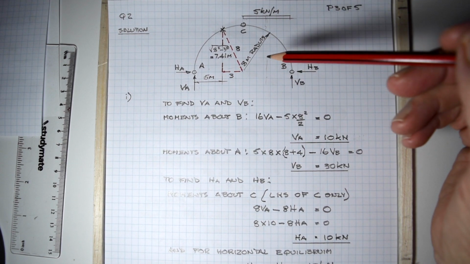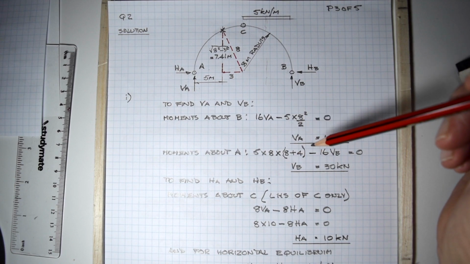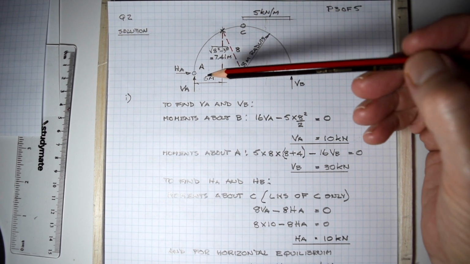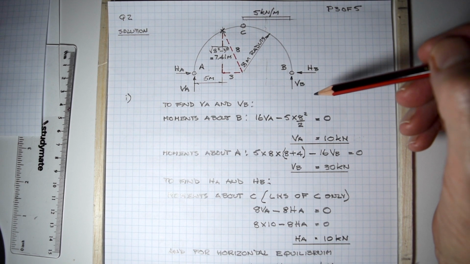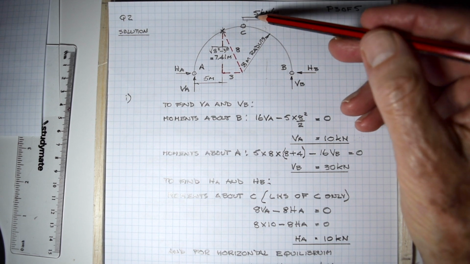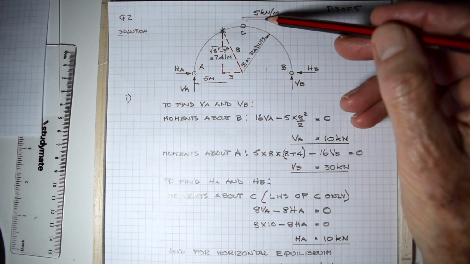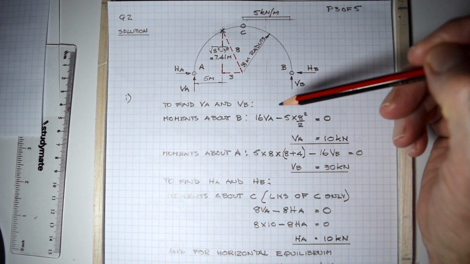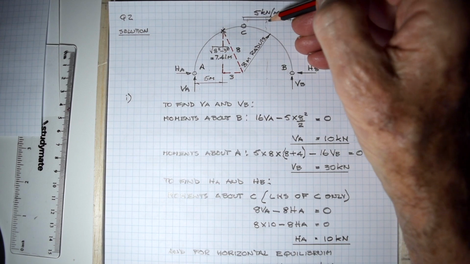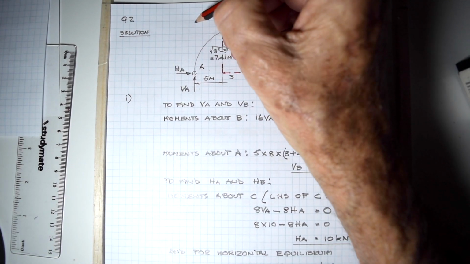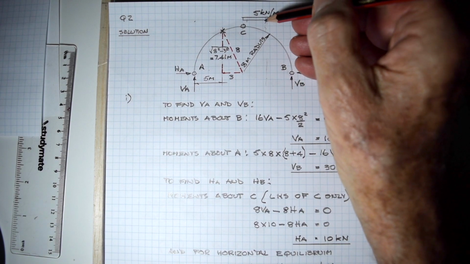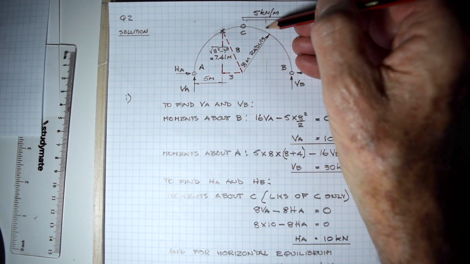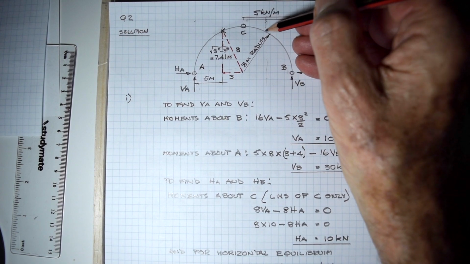We're going to take moments around A to find VB. So we've got 5 times 8 is the total load, times the distance from there to there, which is 8 plus 4, because half of this is 4. This load acts through its centroid.